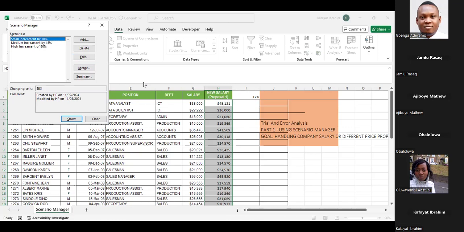Yes, sir. 0.80. Okay, 0.80. That's what you used, Abby. Did you change the changing cells? Yes, sir. Okay, wonderful. Now let's see something.